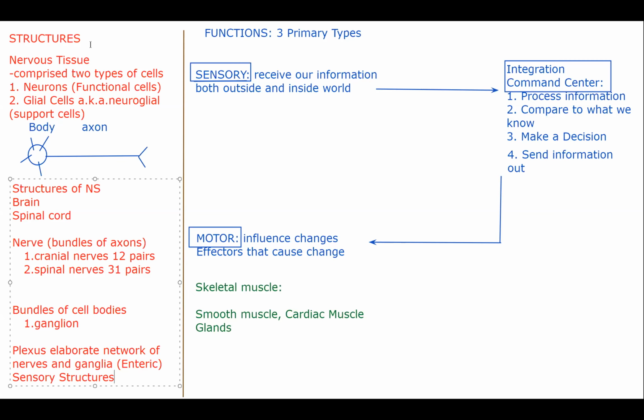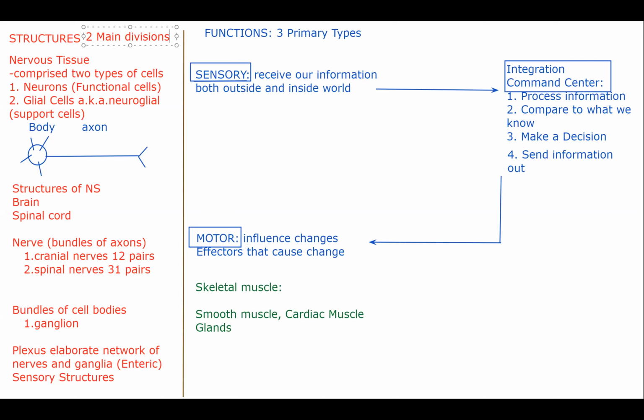With the structures of the brain, there are two main divisions. And I'm pretty certain you can identify what those two main divisions are. They are the central nervous system and the peripheral nervous system.